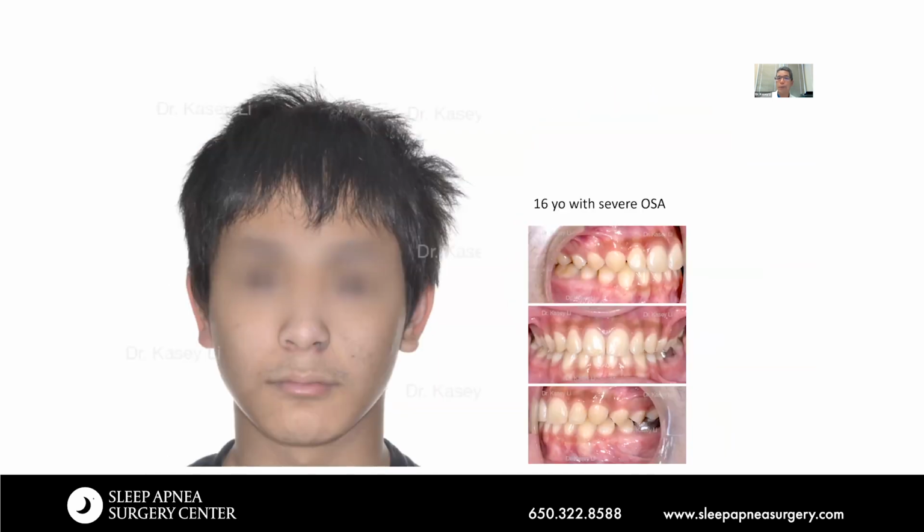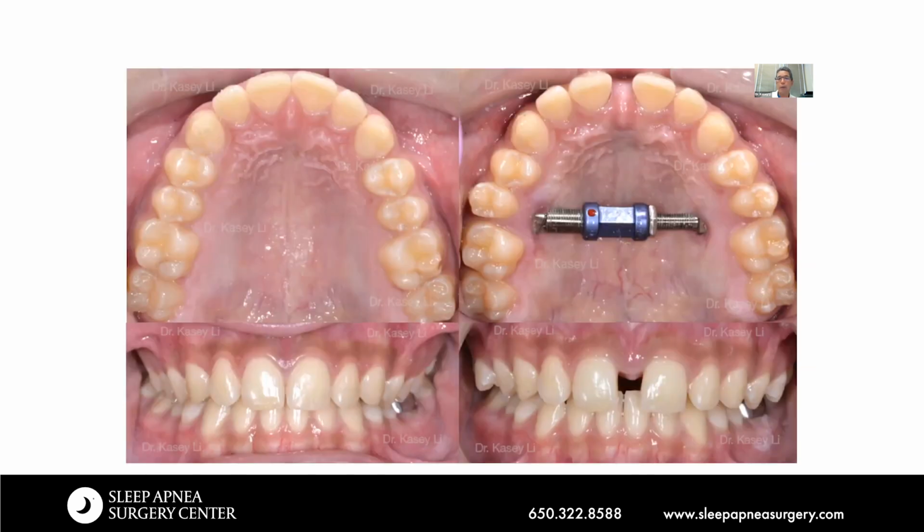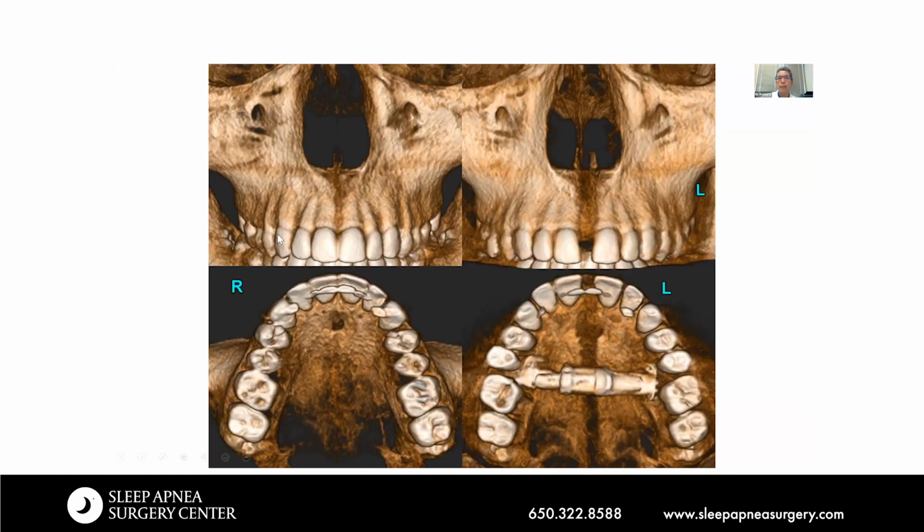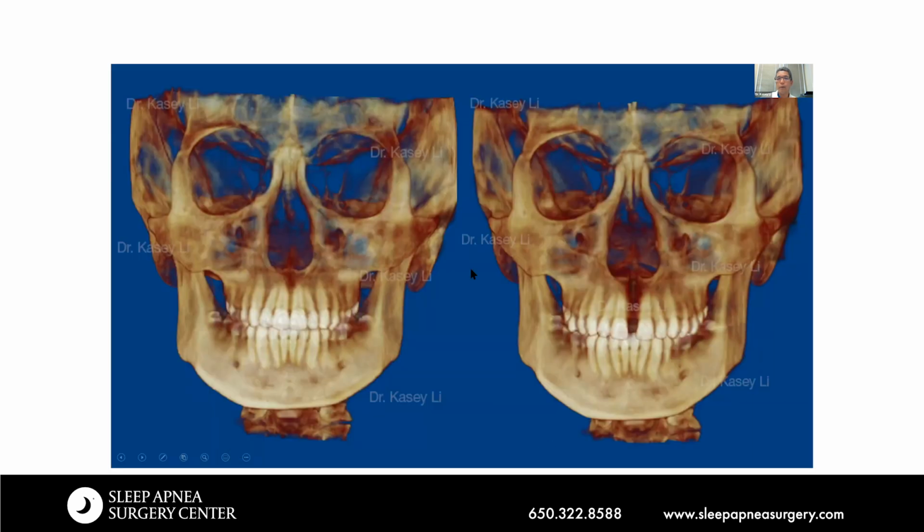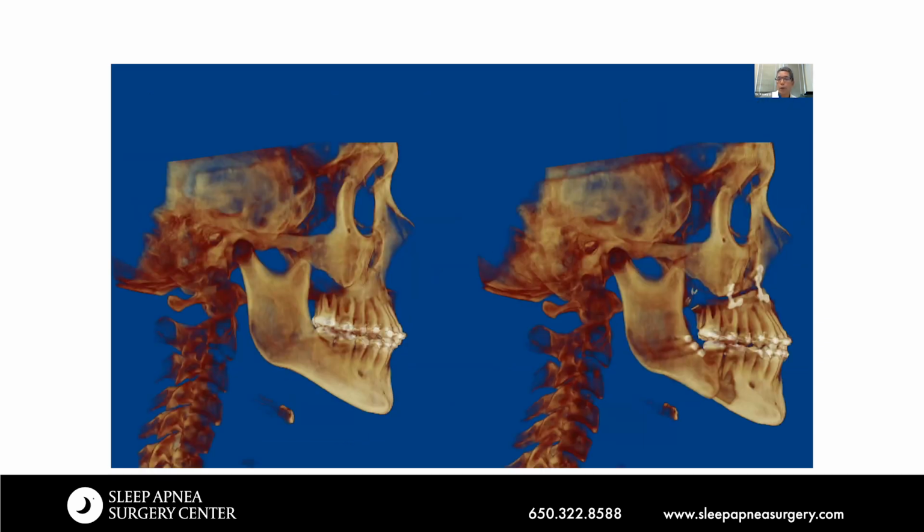Getting older, he has severe sleep apnea. He was expanded. You can see the health of the alveolus. You can see the expansion pattern, front and back. Okay. The nasal airway is dramatically improved. He's better, but he has severe sleep apnea. So I did an MMA on him, and he's much improved.